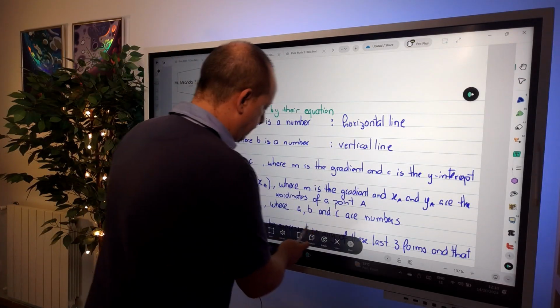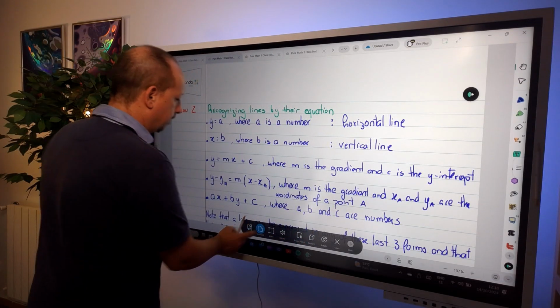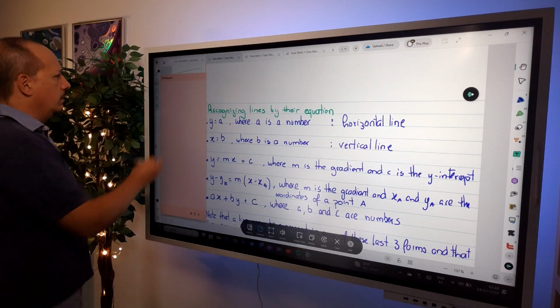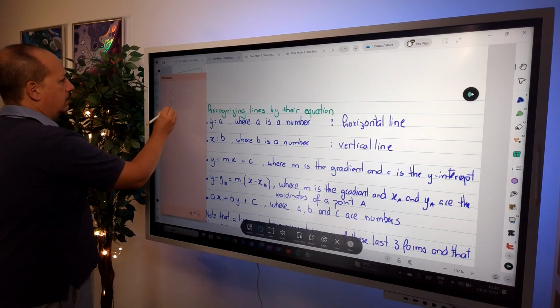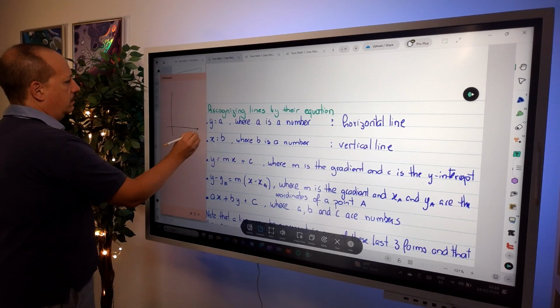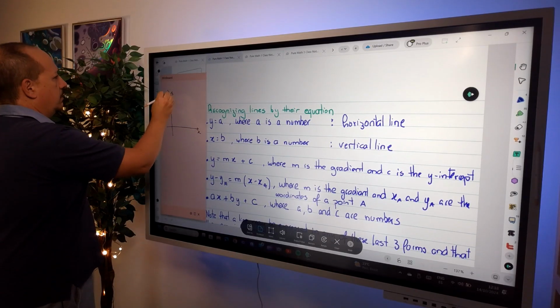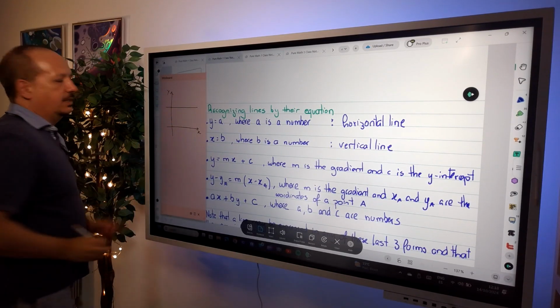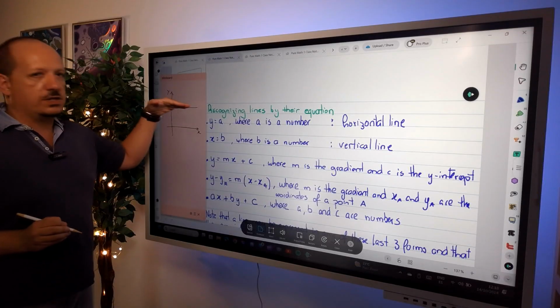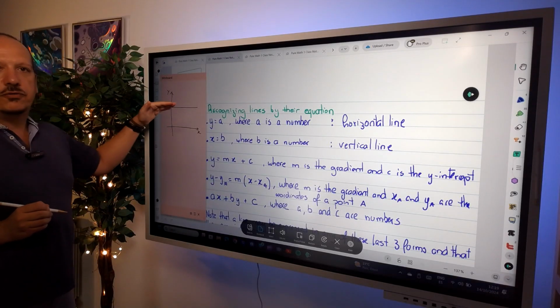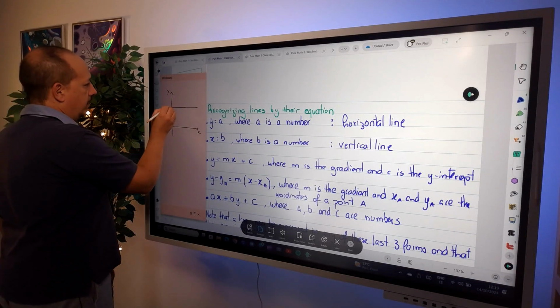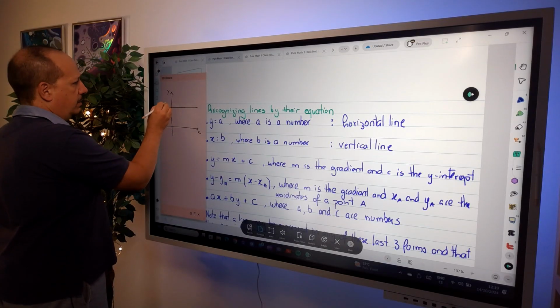Take a look at this. Let's say that you have a line like this, okay, a straight horizontal line. How can you define this? This is cutting the y-axis on this point over here.